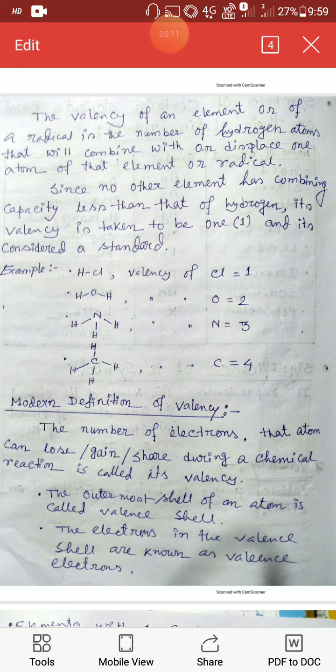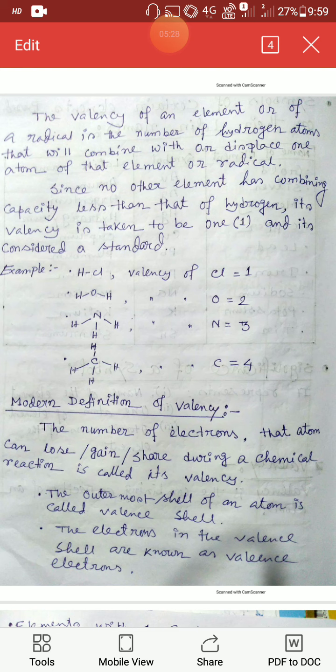Here you have to remember a point. Since no other element has combining capacity less than that of hydrogen, the valency of hydrogen is taken to be 1, and it is considered as the standard.